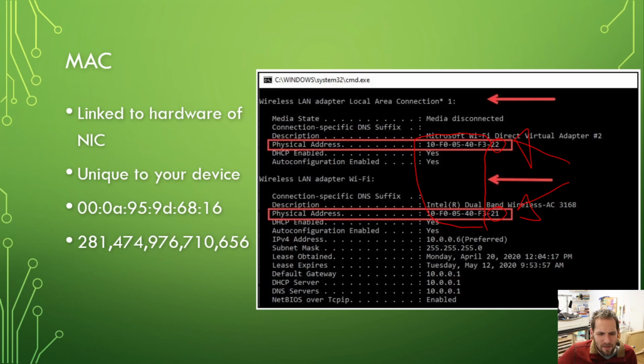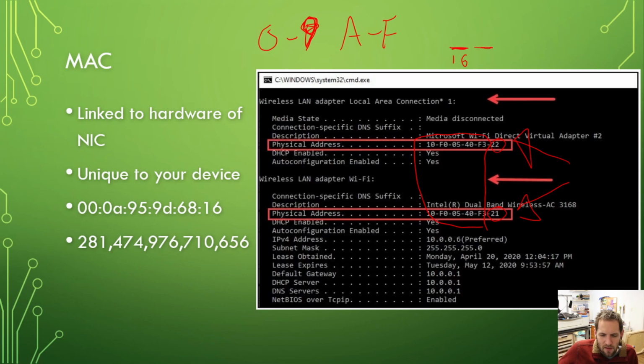This is going to be 6 sets of 2 hexadecimal digits. We did talk about hexadecimal digits the other day. Remember, hexadecimal digits are 0 to 9, and then A to F. Any of those can occupy a single space, which means there are 16 different possibilities there, so 2 spaces would be 16 to the 2nd power, which is a lot of different possibilities.